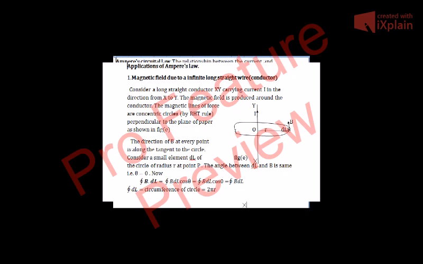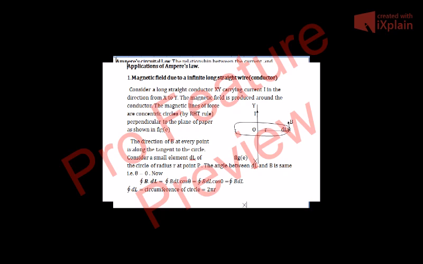So what is Ampere's first application? We use Ampere's law to find the magnetic field due to an infinitely long straight wire or conductor. Let us consider a long straight conductor XY again. You can repeat this in the same way as when we were proving Ampere's circuital law. This is the same case.